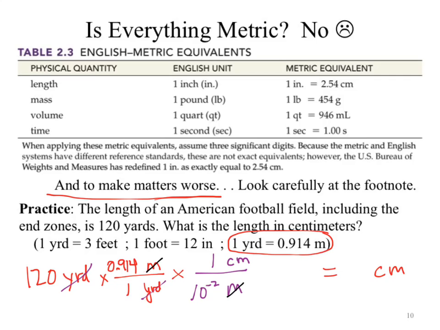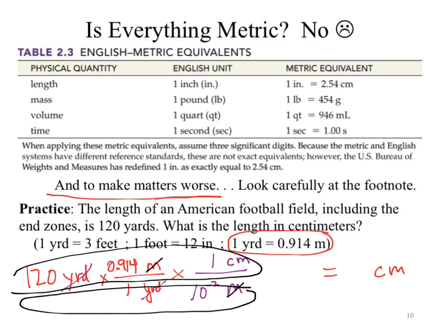Again, how would I punch this into the calculator? I would treat the numerator as a whole piece and the denominator as a whole piece. And that's because multiplication and division are commutative. The order doesn't really matter.